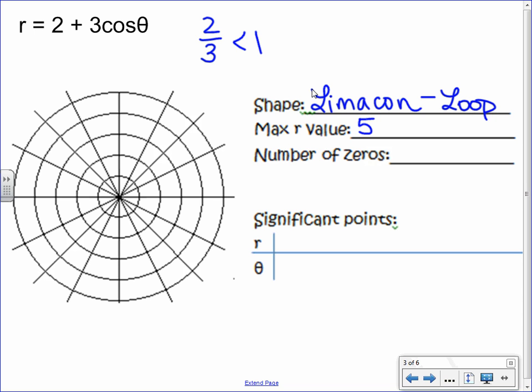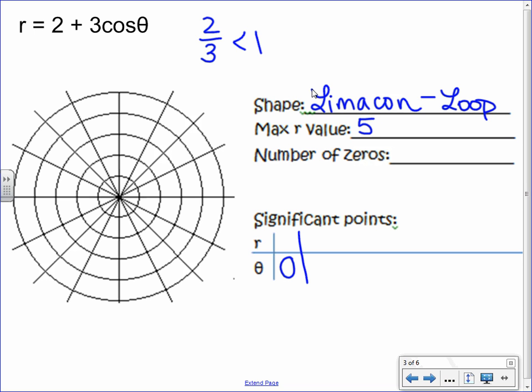Alright? Now, we always start by plugging in. Where is the majority of this graph going to be placed? To the right of the pole. Very good. Now with limacons, our easiest values are going to be at the axis.